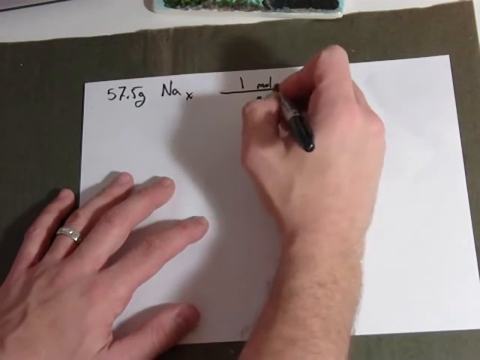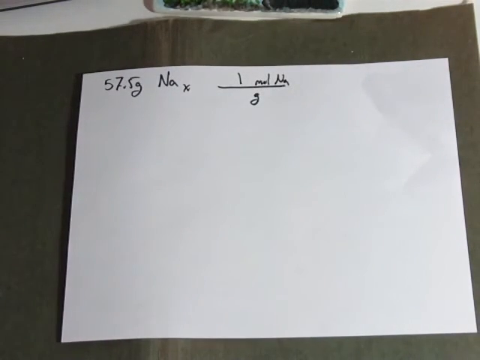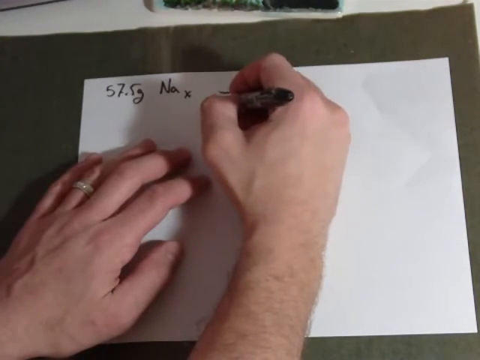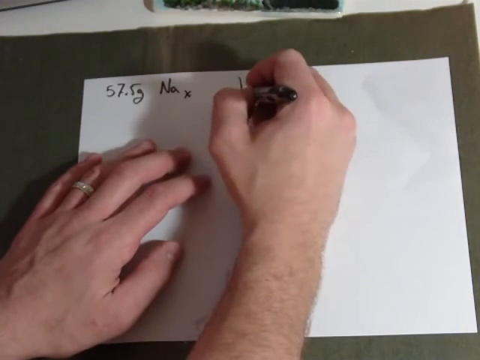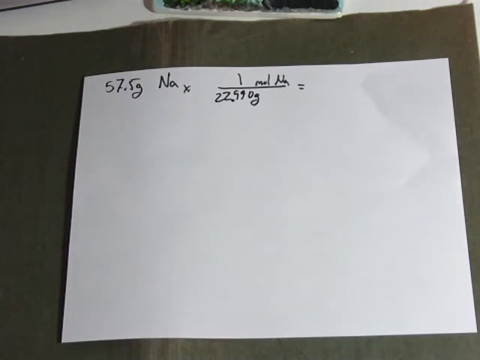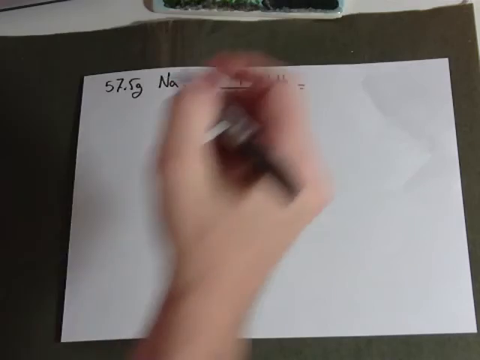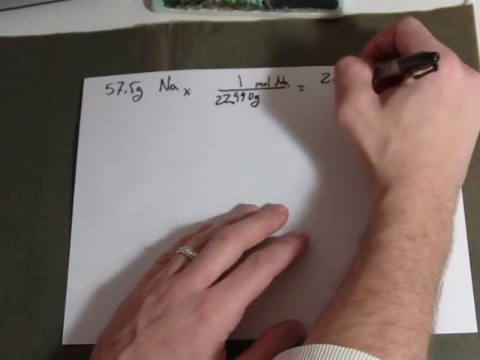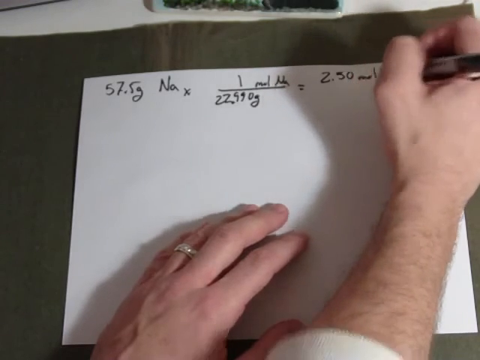In 1 mole of sodium, we use our periodic table, and we find that it's 22.990 grams. And so we just solve this out, and we get 2.50 moles of sodium.